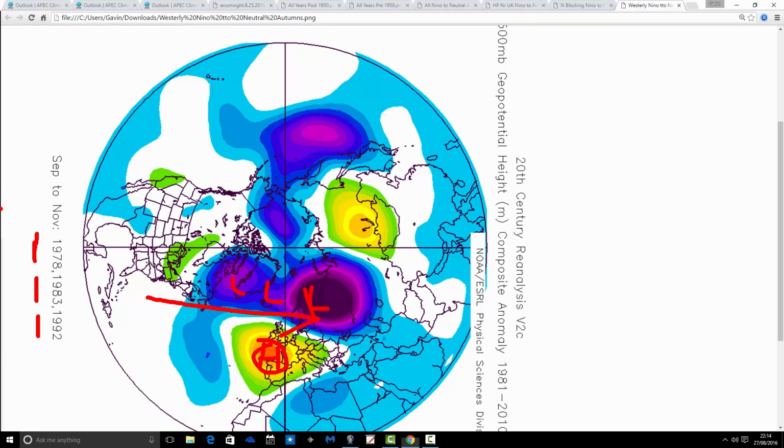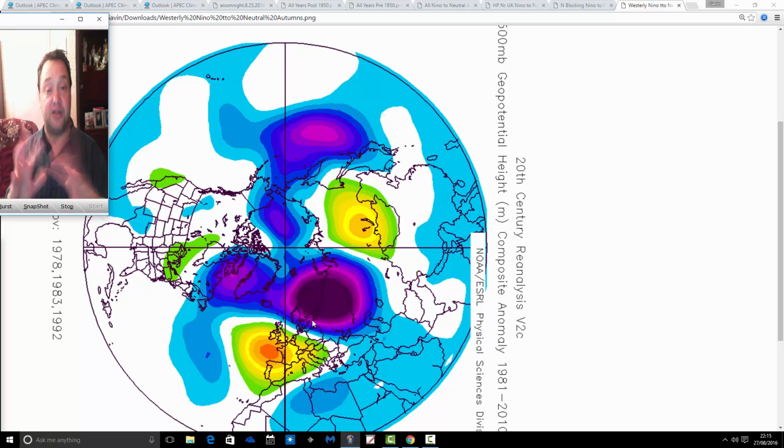Now, I want to focus on this year, 1983, because in some ways, that is probably the year that we're closest to right now in terms of had the Super Nino. We had a Super Nino in 82, 83, and then instead of going to La Nina through the summer of 1983, it just went back to ENSO neutral during 1983.